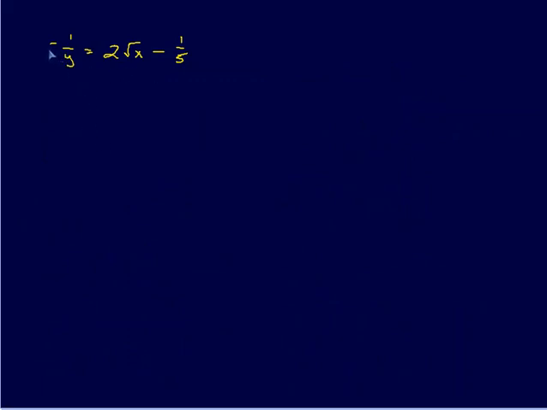We had the equation negative 1 over y equals 2 square root x minus 1/5. Our goal is to get y by itself here. One way to do this would be to multiply everything by negative 1 to get the negative off of there. So now just 1 over y would equal negative 2 root x plus 1/5.